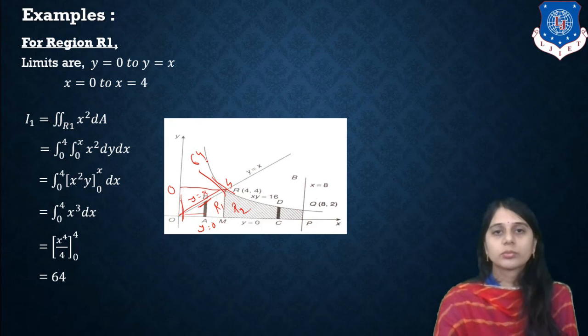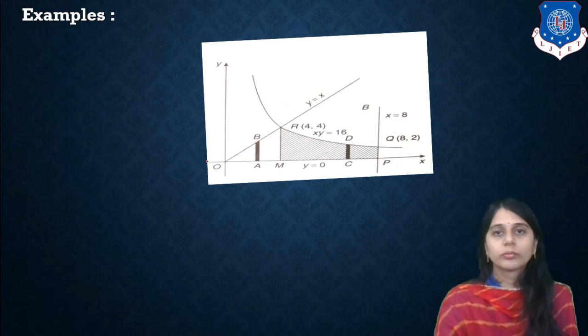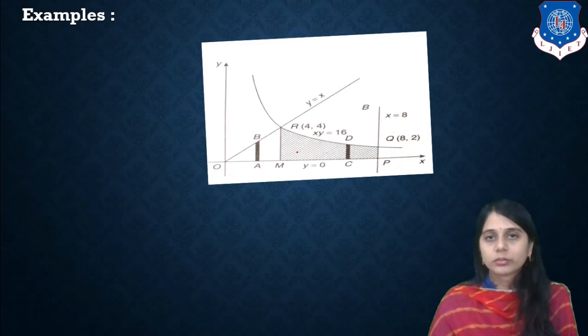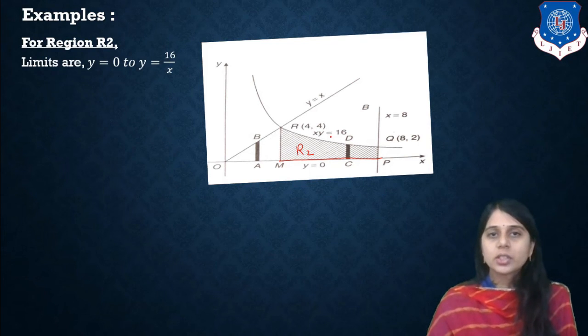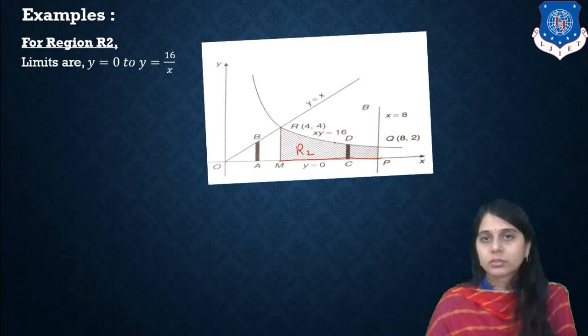Now for the second region, this is your R2 region. Okay, now what is y equal to 0? It starts from here. If we fix the value of y equal to 0, what is the upper limit? It is 16 by x, because if xy equal to 16, then y equal to 16 by x.